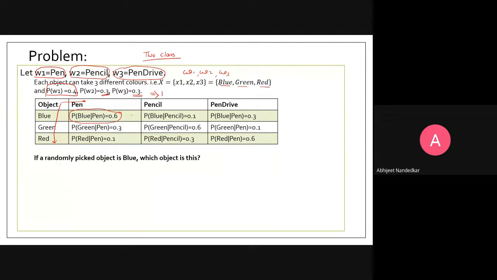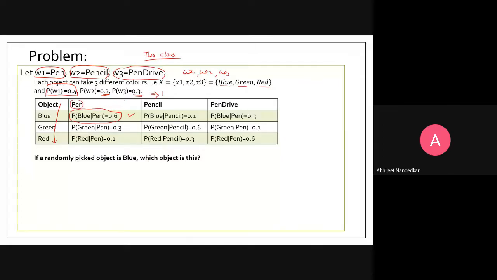What must this probability be? This probability is talking about only pens. It is not talking about pencil or pen drive. So my domain is restricted to only pens.